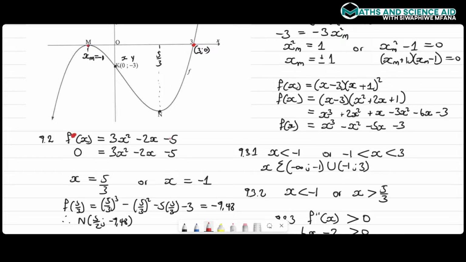Imagine that we just had a function of x given by this equation, and then we make f of x equal to 0. What do we call the values of x that we get here? X-intercepts, right? So these values of x here, at x equals 5 over 3 and x equals -1, are going to be the x-intercepts for the graph of the first derivative.